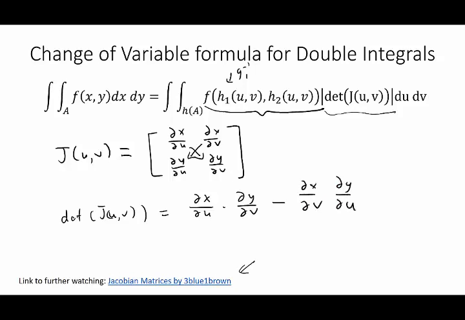And then we just take the absolute value of that result. So that means that this change of variables term here is exactly what we need to compute the PDF of a two-dimensional transformation of random variables.